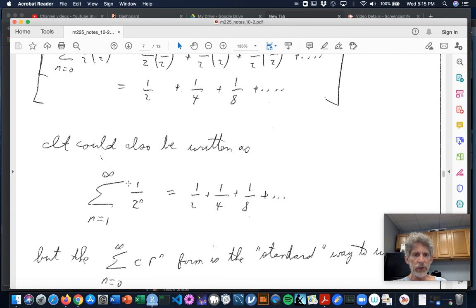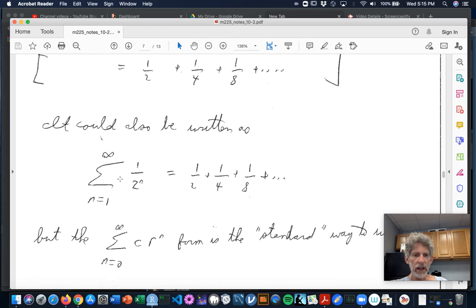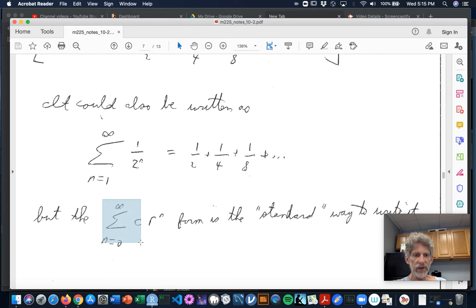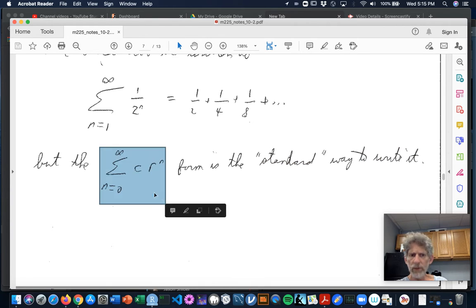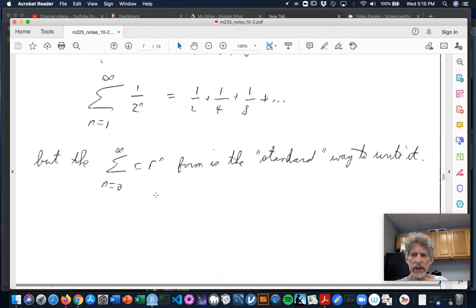And this is totally true, totally correct. It's just that the sum from 0 to infinity of number times ratio to the n, that form is the more standard way to write it. Theorems about geometric series will be stated in terms of that form, so we do want to get used to it, starting from 0 like that.